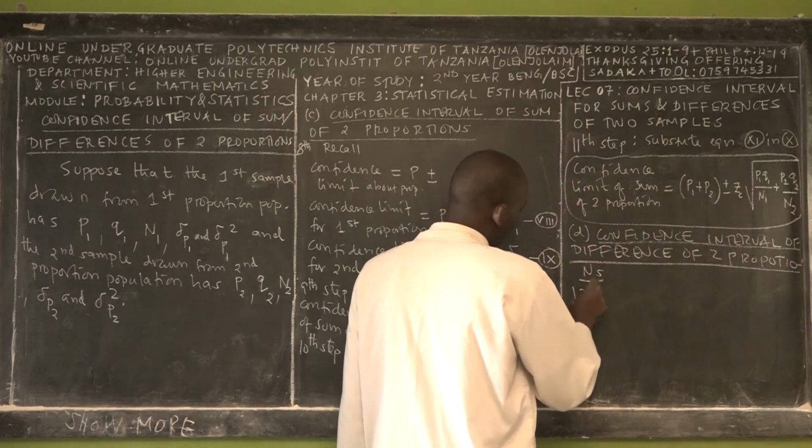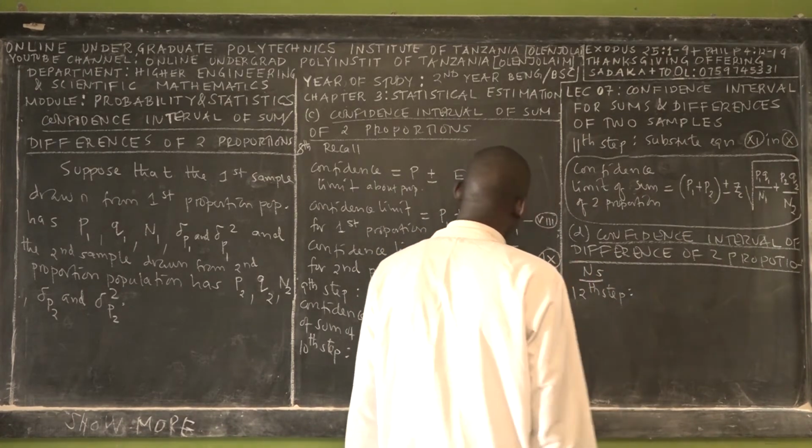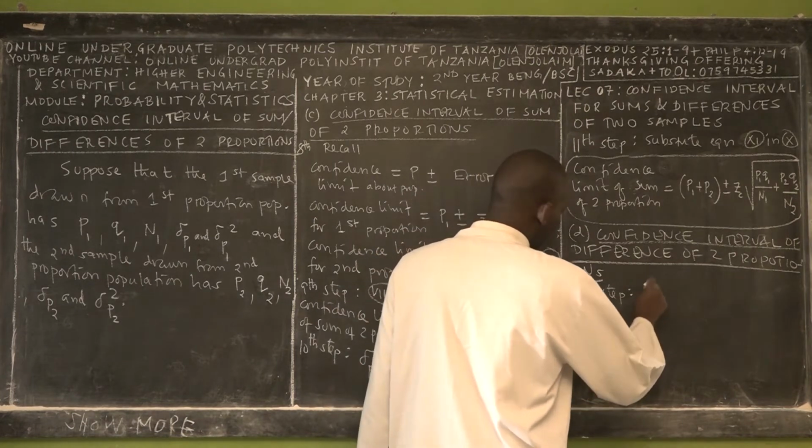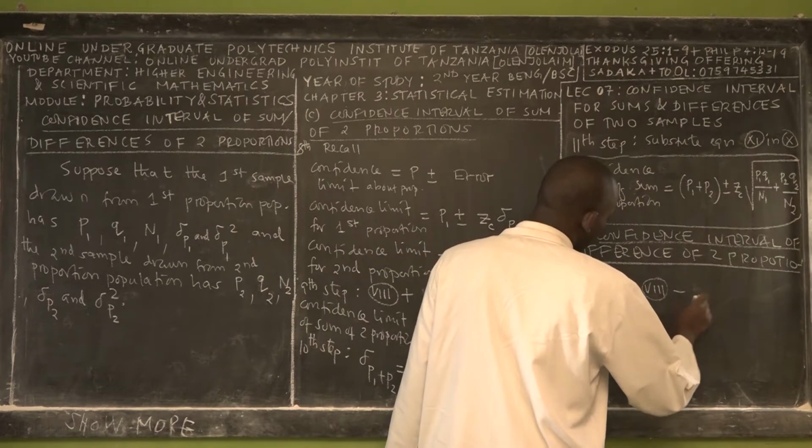So this will be 12. Let us take equation 8 minus equation 9.